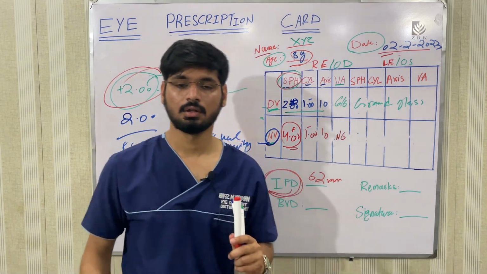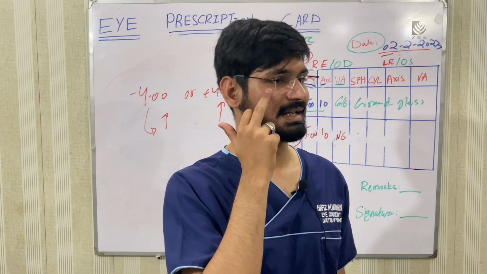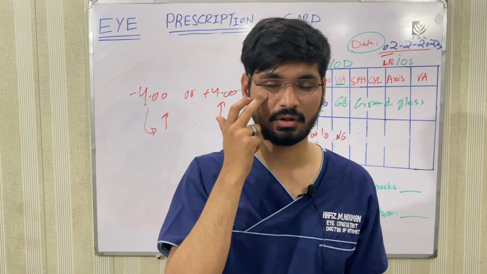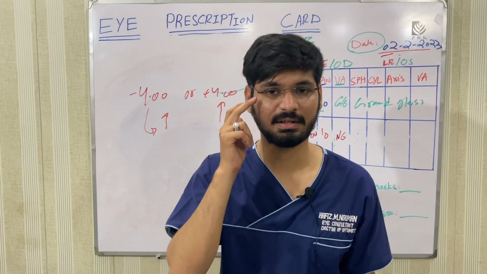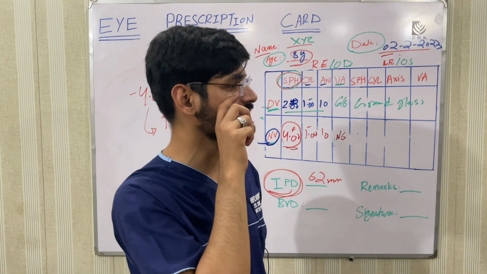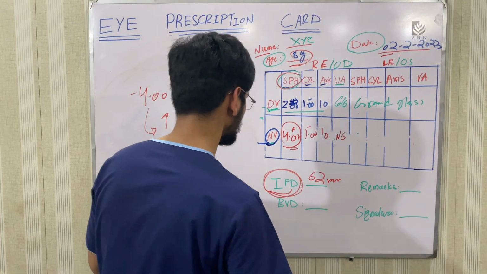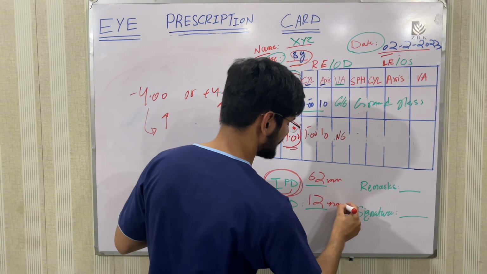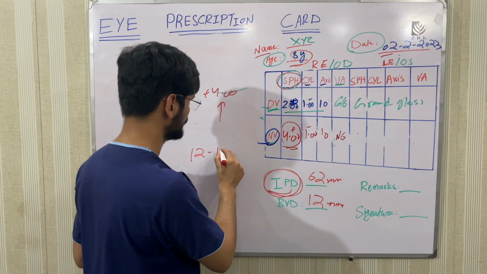What is BVD? BVD means the distance between the back surface of the spectacle lens and the front surface of the cornea. This is called BVD. For example, in my case, the BVD is 12 mm. The BVD is most commonly 12 to 14 mm.